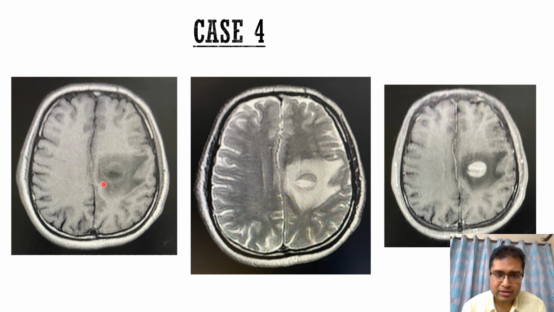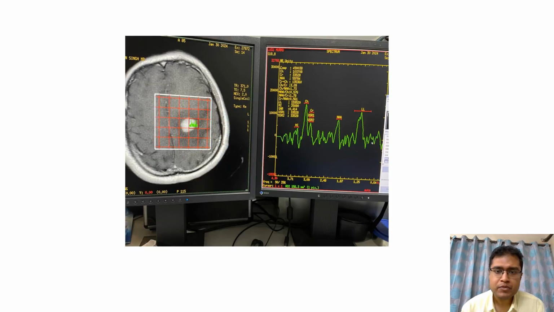In the T1 section, we can see that there is a thick wall, which is also appreciated on T2, along with some central hyperintensity on T2. Intense post-contrast enhancement along with edema. And these are the MRS images where we can see this lipid lactate peak that is seen in the lesion.